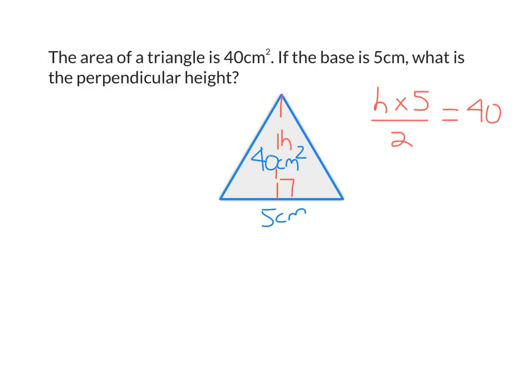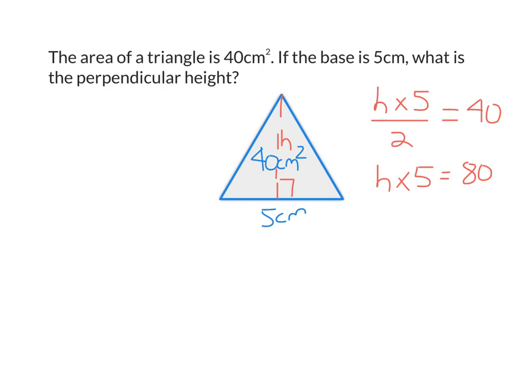That means the base times the perpendicular height actually has to equal 80. So the height times 5 equals 80, so that when we divide it by 2, we get our final answer of 40.